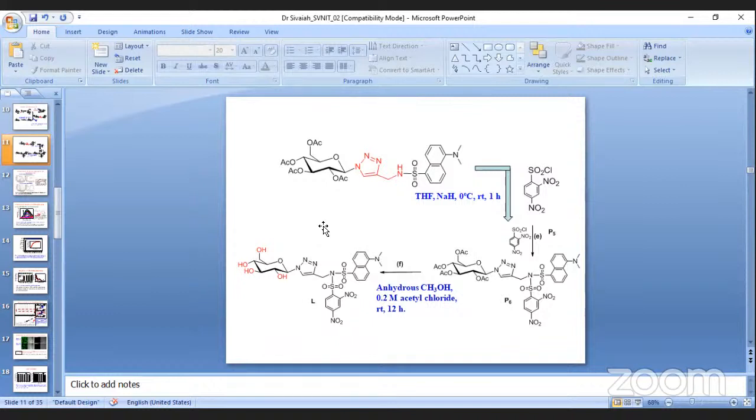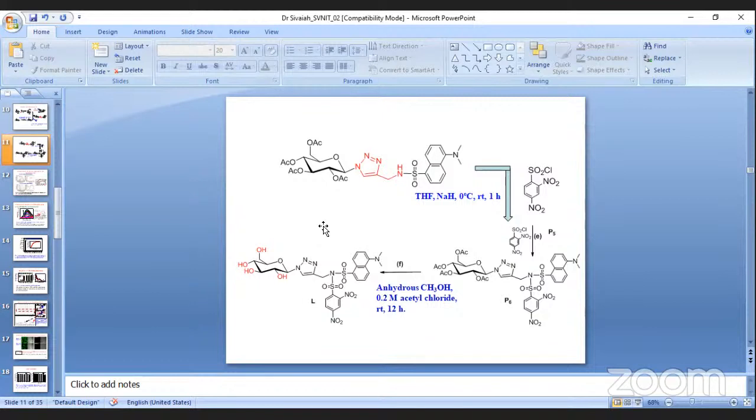I added this sulfonyl chloride dropwise to the reaction mixture at 0 degrees Celsius. After that I left it for 1 hour reaction. I used the sulfonyl chloride in excess, because the sodium hydroxide acts as a base, so it abstracts the proton from NH, and that will substitute the chloride, and finally we get the 2,4-dinitrobenzenesulfonyl attached glycoconjugate.